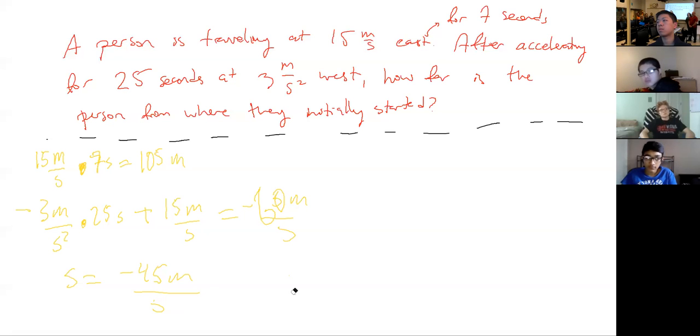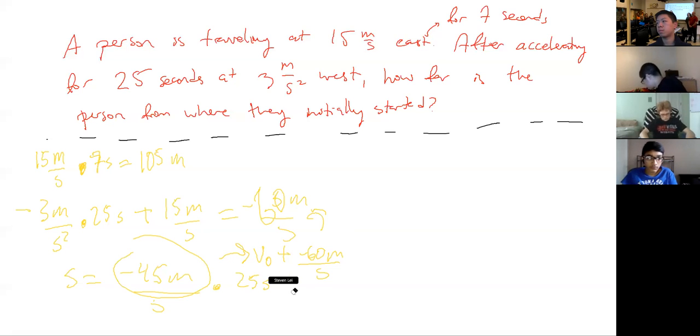And this 45 you got from the initial velocity plus the new velocity, which was negative 60. Sorry. And then you want to multiply that by your total time, right?